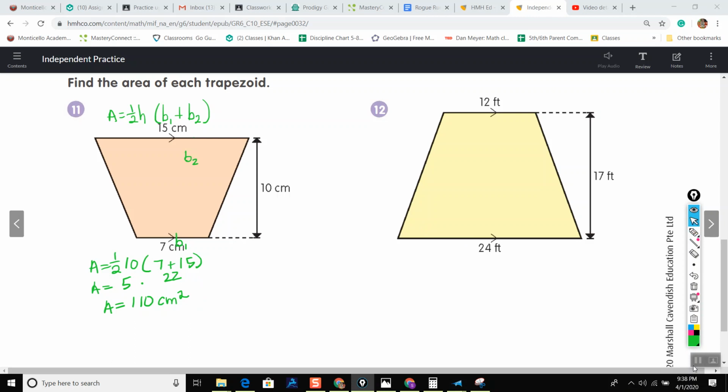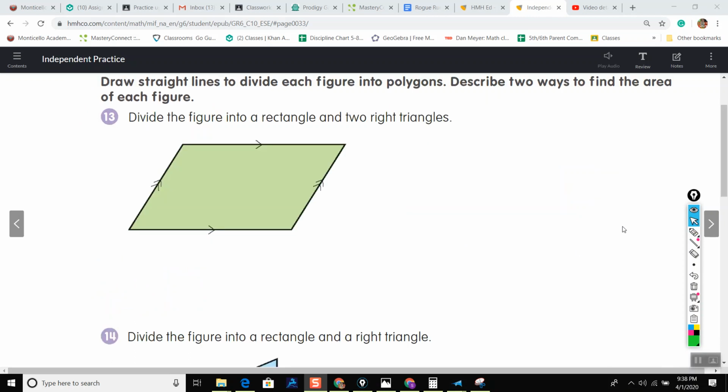Let me pause. Okay, I'm not going to do any of these problems, but let me just make a statement about this: for problems like this, you do need to understand this idea that I can break this down into a triangle and a trapezoid.